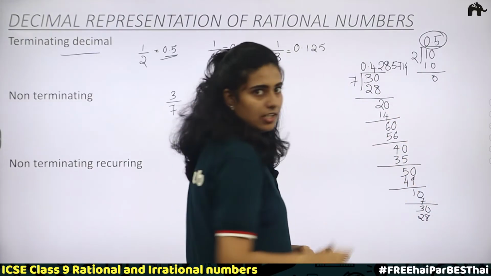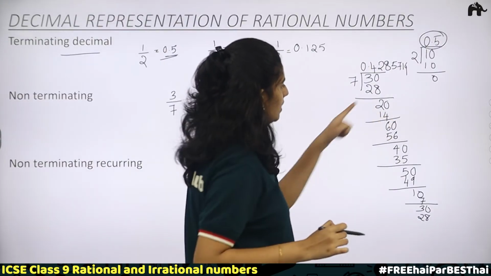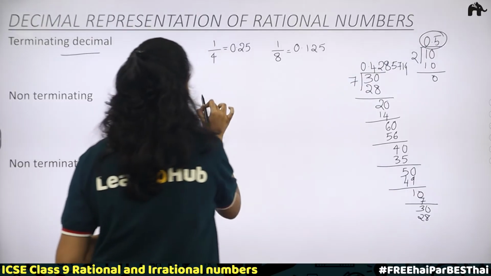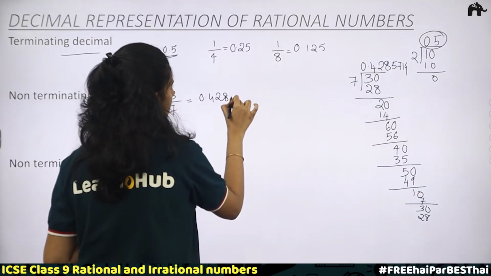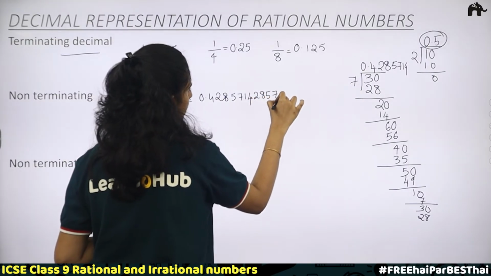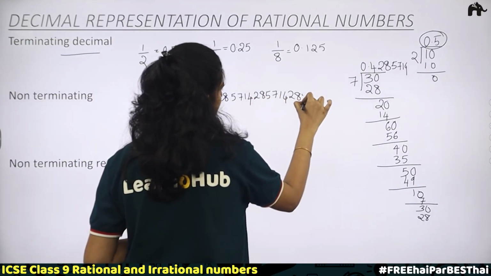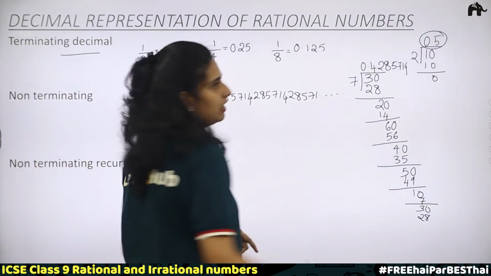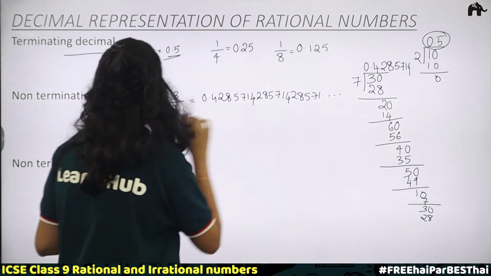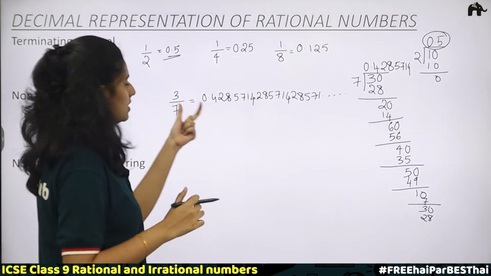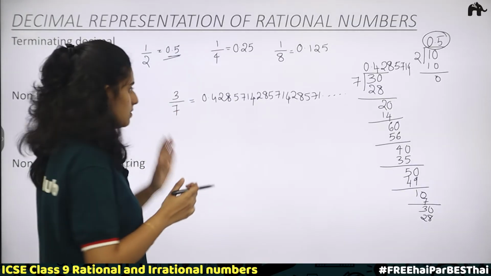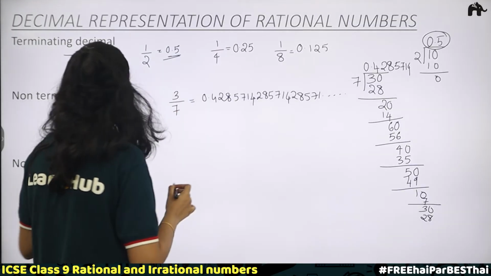Again the same thing will continue. 28, you will be getting 2 remainder, adding 0 you will be getting the next number 2. So this will be equal to 0.42857, 42857. This is going to continue. So you can see that it is not stopping. The division is going to continue. Okay. Now next is non-terminating recurring. So in this case, the quotient that we obtain is a non-terminating number.